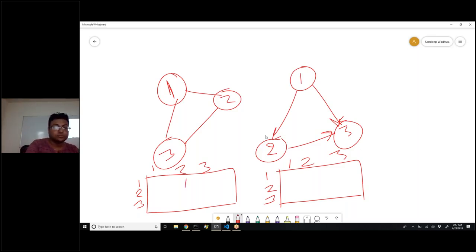So 1, 2 and 2, 1 both will get a value 1 here. This one is representing it is connected. 1 is connected to 3 also. 3 is connected to 1. 2 is connected to 3. 3 is also connected to 2. Now you go and fill zeros in rest of the matrix. So can we say this graph is representing undirected graph? Now how will directed graphs representation change?